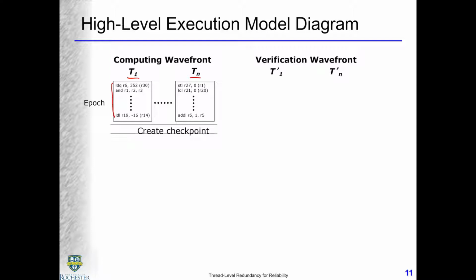Then I can take an architectural state snapshot. I can read all the registers and see what the current state of the architectural register state is. So that may take tens of cycles to copy all your architectural registers, and it needs hundreds of bytes of high-speed buffer. So we assume that.